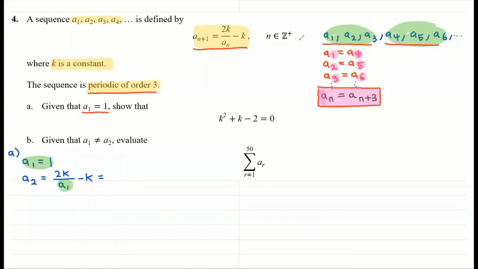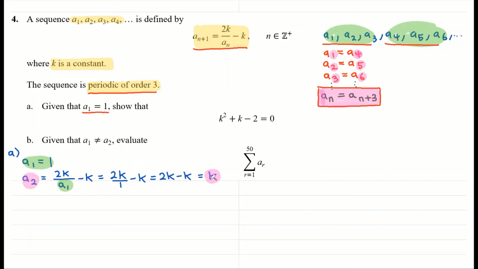We're going to have 2k over 1 subtract k, which is just 2k subtract k, which is just k. So we've now got our A2. It's very simple. A2 is just equal to k after a bit of work.